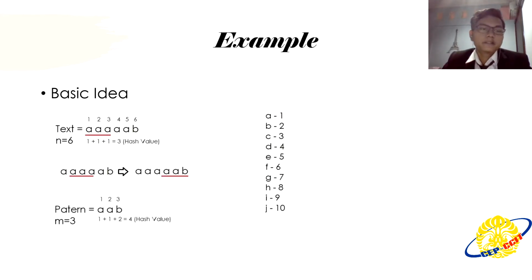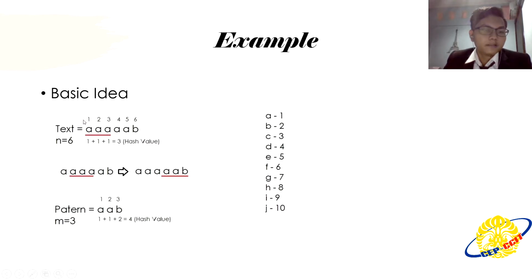And this is the example of the basic idea. So this is the simple explanation of the Rabin-Karp. And then this is how it works. So A is 1.